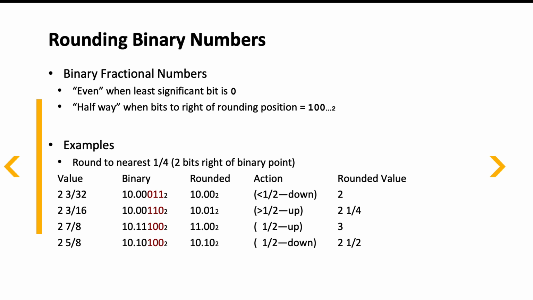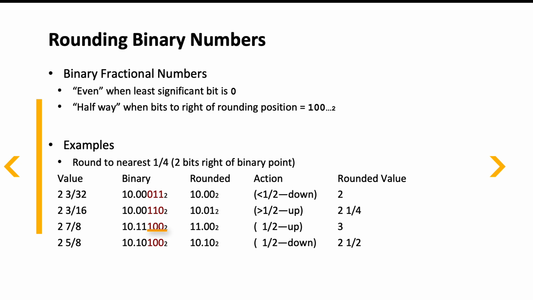Now we get to the interesting stuff where we have to apply this round to even. So we take a look at 10.11100. The bits we're interested in are the 100. Those are the bits to the right of our rounding position. And that does match our pattern, right? It's just a 1 followed by zeros. That means it's halfway.